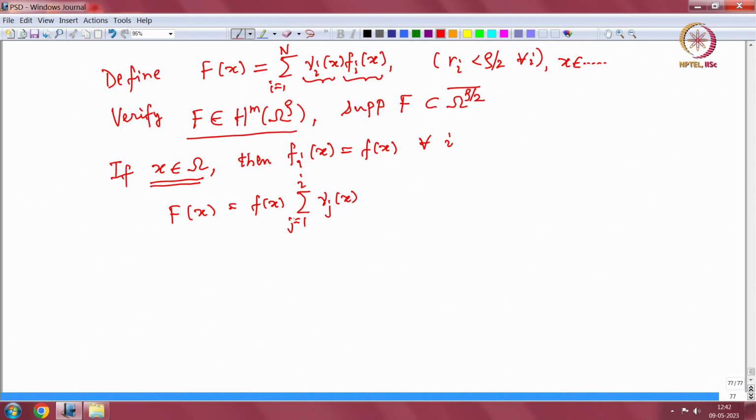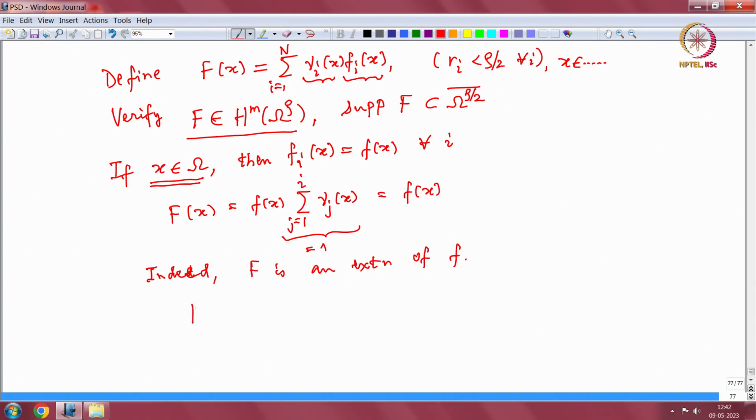But we have seen that this is equal to 1. So this is f of x. So indeed F is an extension of f.